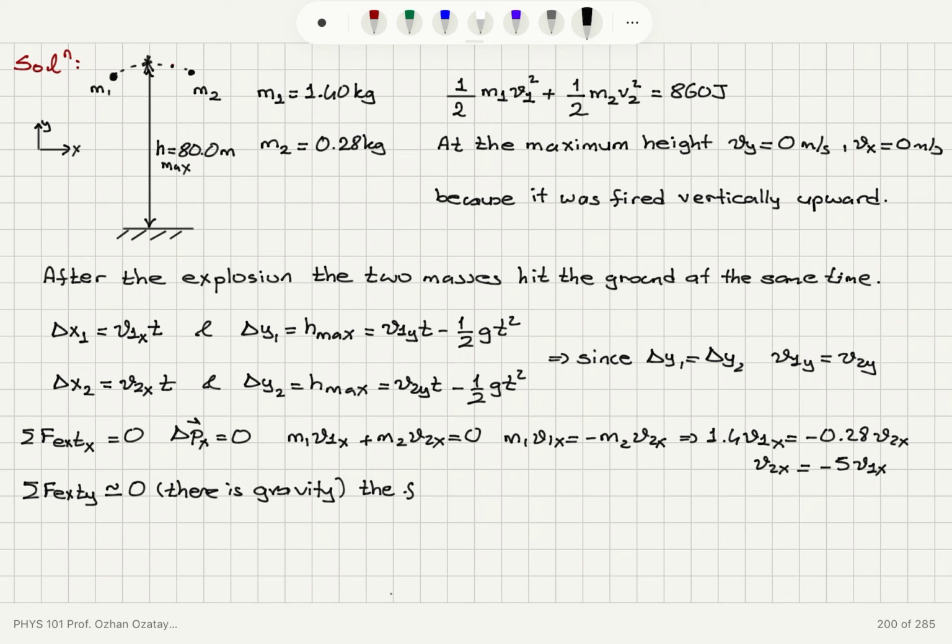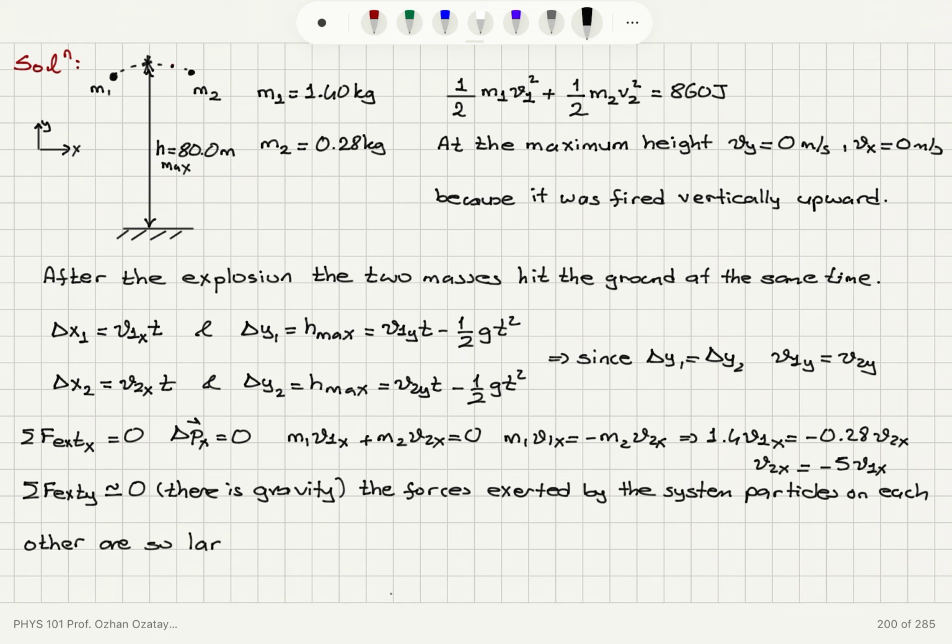So the forces exerted by the system particles on each other are so large.